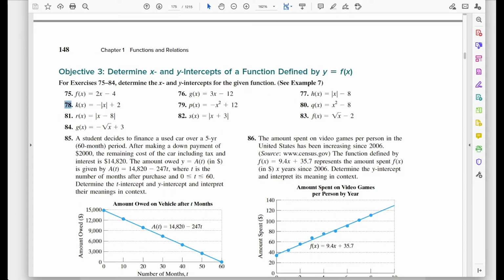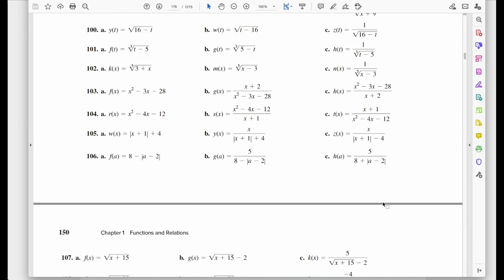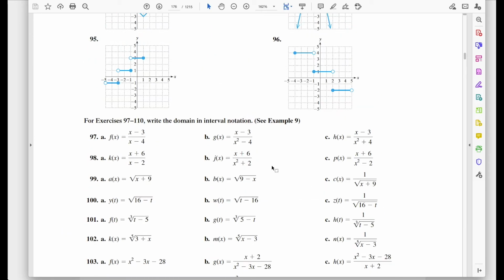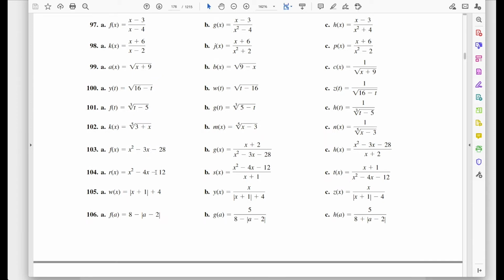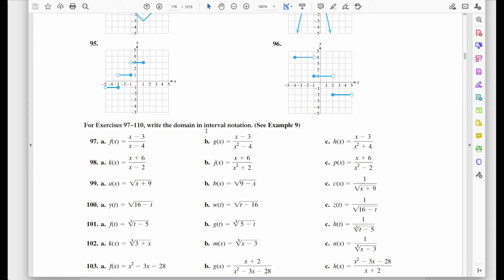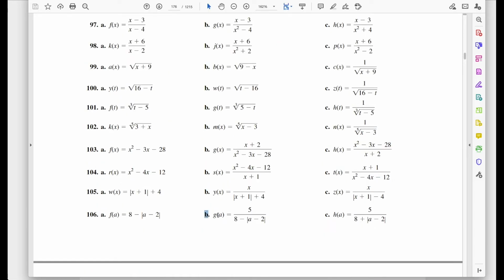Okay, alright, so let's go back to the book, and let's go to one of these problems from 97 to 110, and let's go to 106 part B. Okay, so let's do 106 part B. So we want to find the domain of the function g of a equals 5 divided by 8 minus the absolute value of a minus 2.